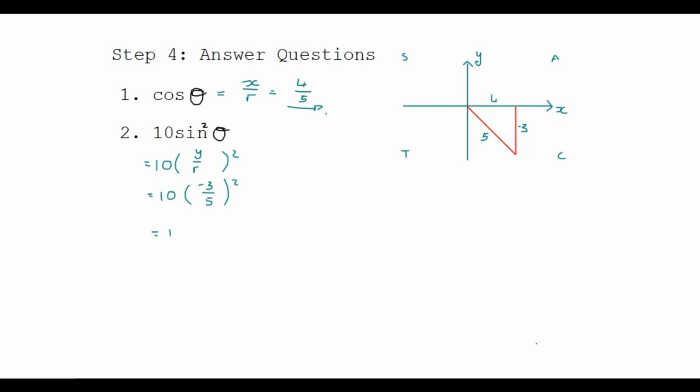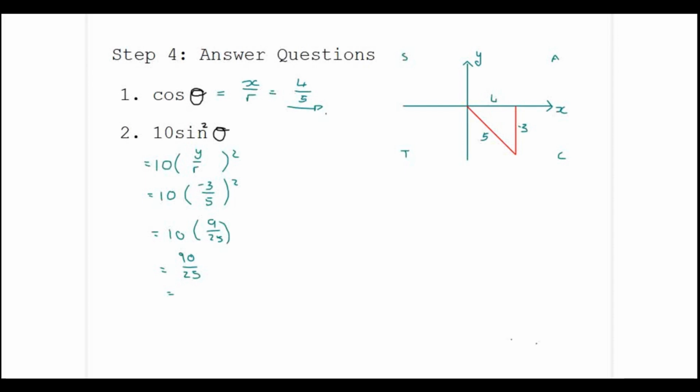So let's square the bracket. That becomes positive 9 over 25. And when you multiply 10 in, we can actually cross cancel, but let's just do it the long way. 90 over 25. And that simplified becomes 18 over 5, which equals 3 and 3 over 5. It is actually as simple as that.